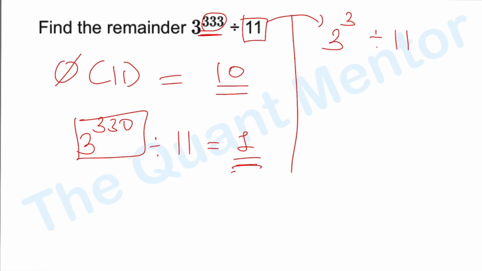The extra power of 3 is 3 cube. So now the question simply becomes the remainder of 27 with 11, and the remainder is 5. That's the answer to our question, and that's how we can solve it much more quickly, mentally, without even lifting up the pen, if we know Euler's theorem. The remainder of 3 raised to 333 divided by 11 will be 5.